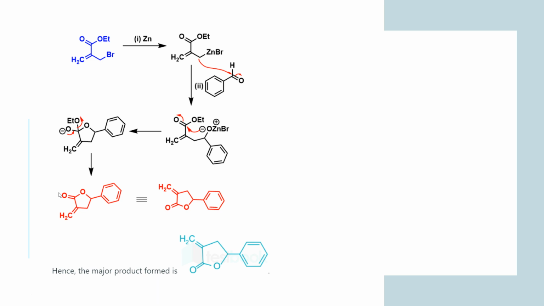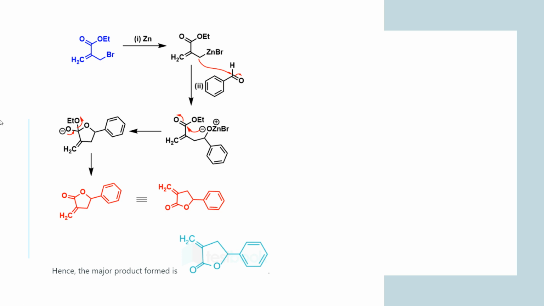I hope you understood the mechanism from this to this, and how we got ethoxide elimination to furnish this carbon oxygen double bond, which is a cyclic ester, the lactone moiety you are getting as the final product.